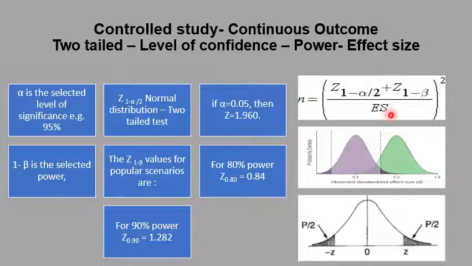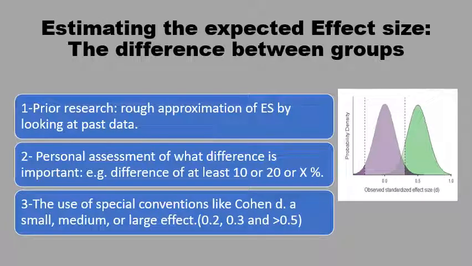We'll go through how to estimate the effect size in the next two slides. Remember that we are trying to estimate the expected effect size before we start the study. So we don't really know how much of an effect size it will be, but we try to have a good guess about how much it is so that we can calculate the required sample size.